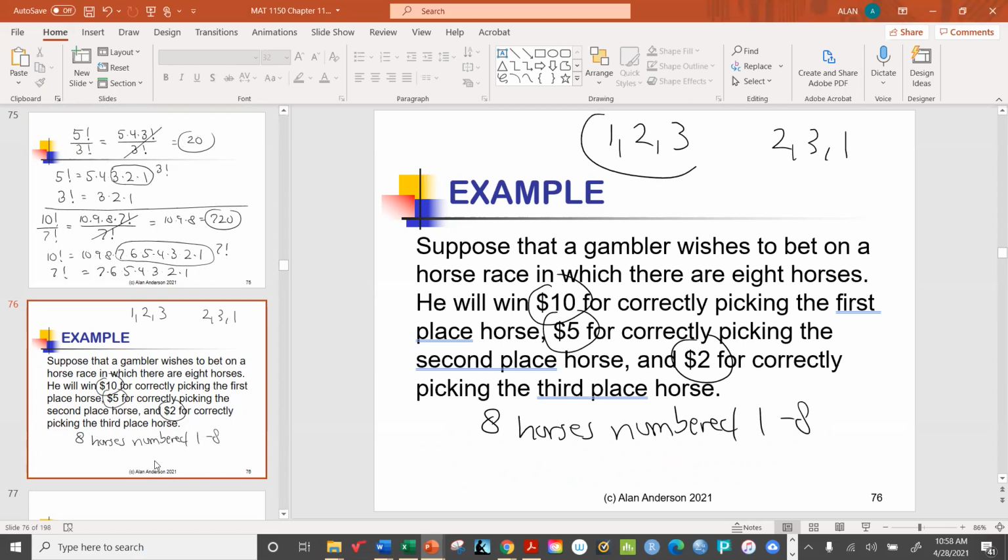If my ticket is 1, 2, 3, that means I'm betting on 1 to finish first, 2 to finish second, and 3 to finish third.